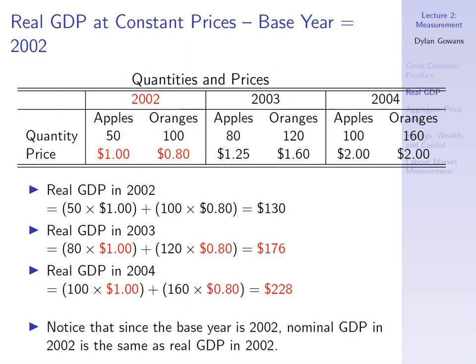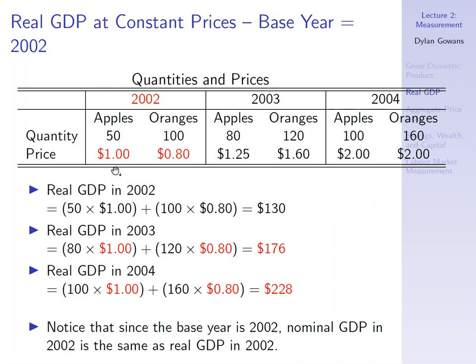So what about real GDP at constant prices, i.e. the base year method? We're going to start with a base year of 2002. What does that mean? It means we're going to take the prices of these goods from 2002, and when we calculate the GDP in all subsequent years, so in 2003 and in 2004, we're going to pretend that the prices of those goods didn't change.